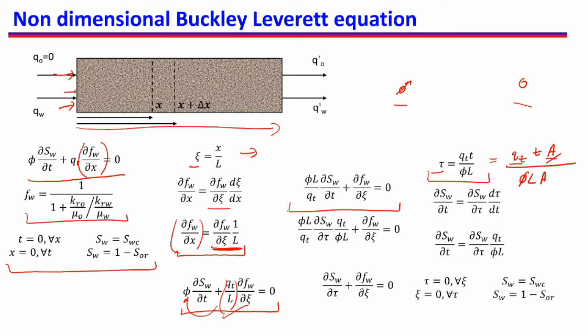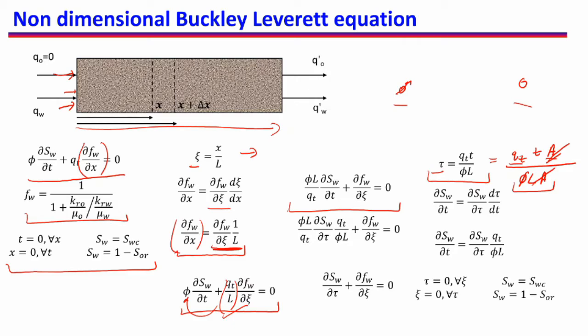you will see that area will cancel out, but phi L A, what is A L? AL is the area multiplied by length, which is the total volume. Total volume multiplied by porosity will give me the pore volume.